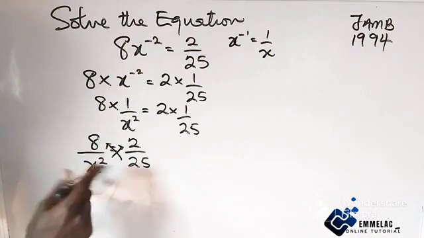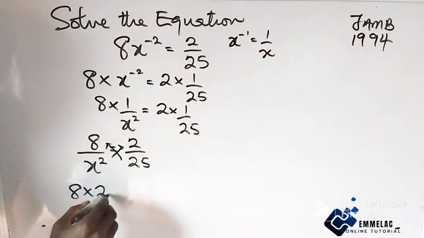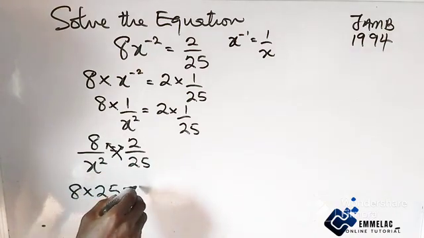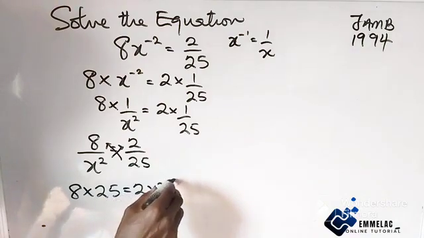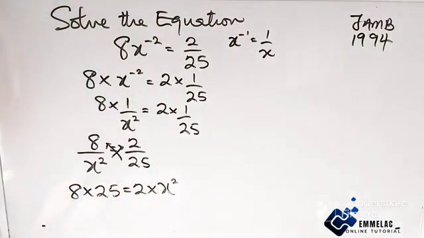So here we have 8 times 25 equals 2 times x raised to the power 2.